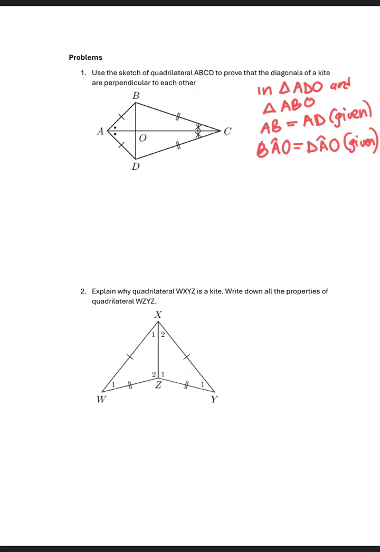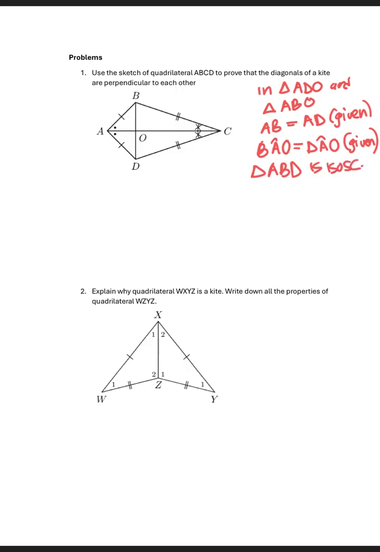And then we also have a common side. But instead of using a common side, I'm going to use the fact that triangle ABD is isosceles.